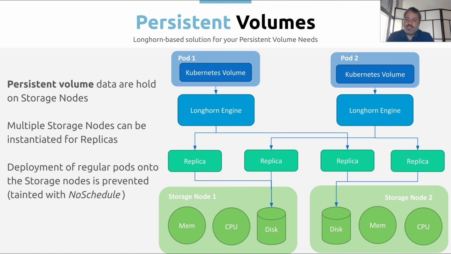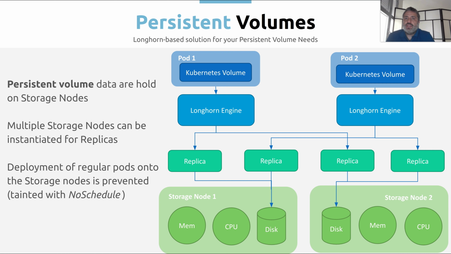The storage nodes are tainted with NoSchedule, so deployment of regular pods is prevented on the storage nodes. The other point is that by default, we define two storage classes when we deploy Longhorn. The storage classes are called Longhorn and Longhorn Retain.